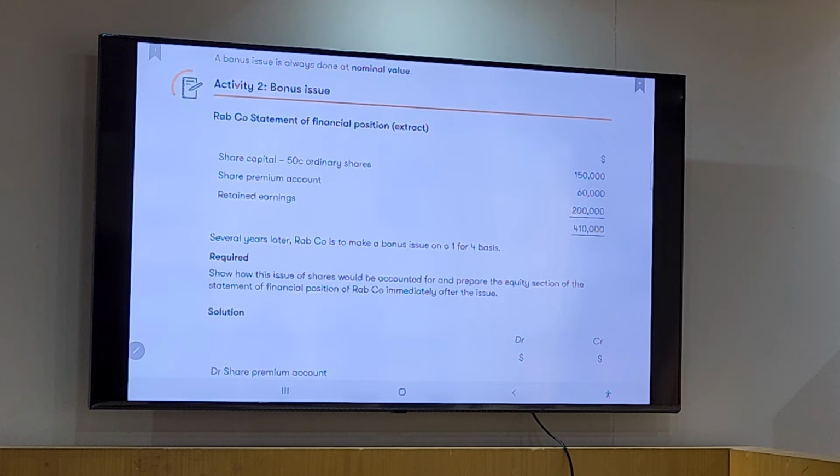Now, there is a double entry. What's the double entry for that? Share capital is increasing. The share capital will increase and share premium will decrease. So, it's the share premium. You can do that. Okay.